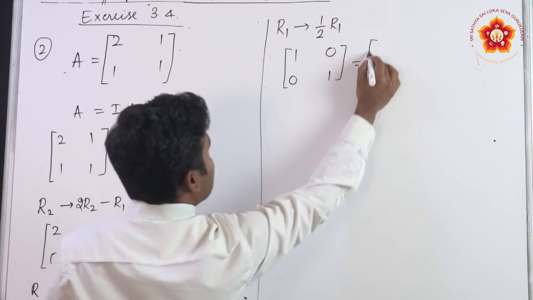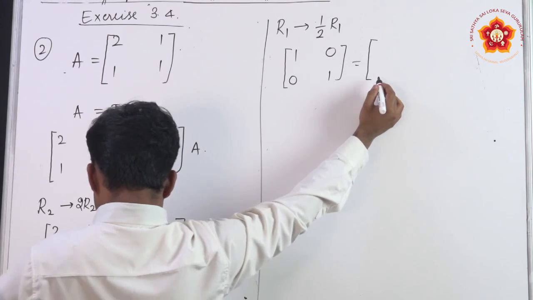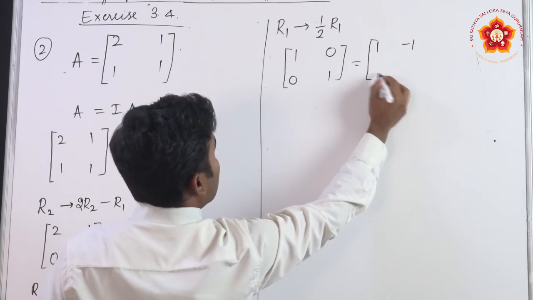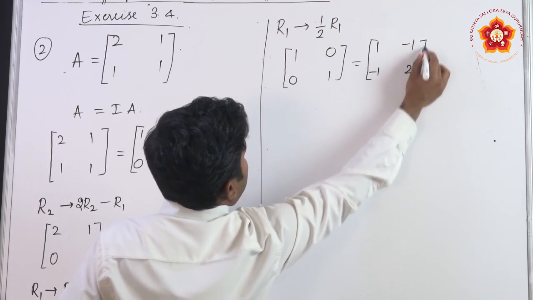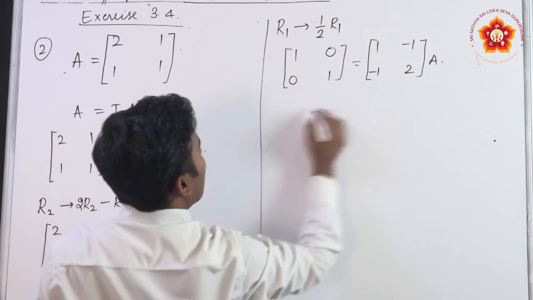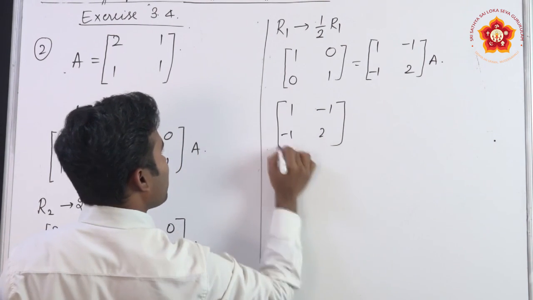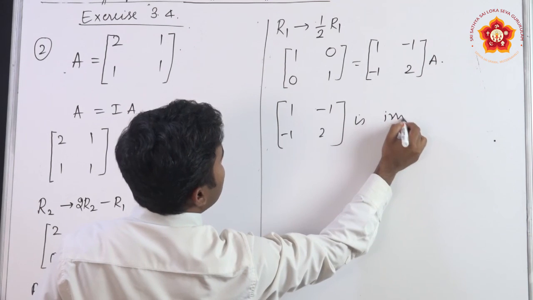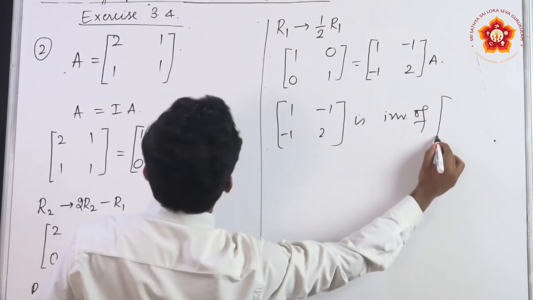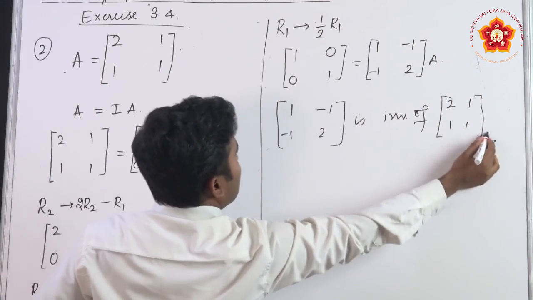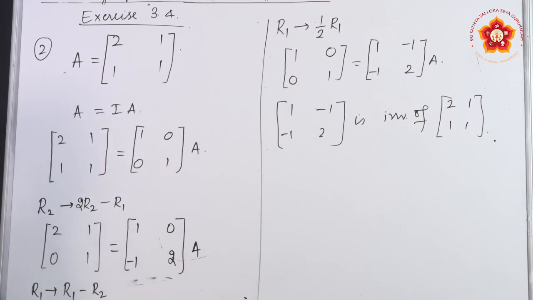On the RHS, R1 times 1 by 2 becomes 1 and minus 1, and this is the inverse of the given matrix 2 1 1 1. And this completes the problem.